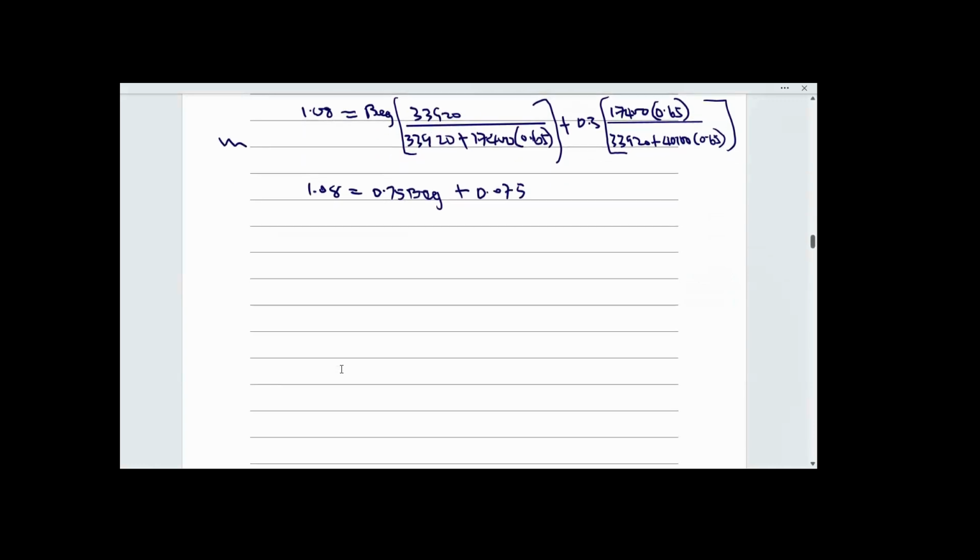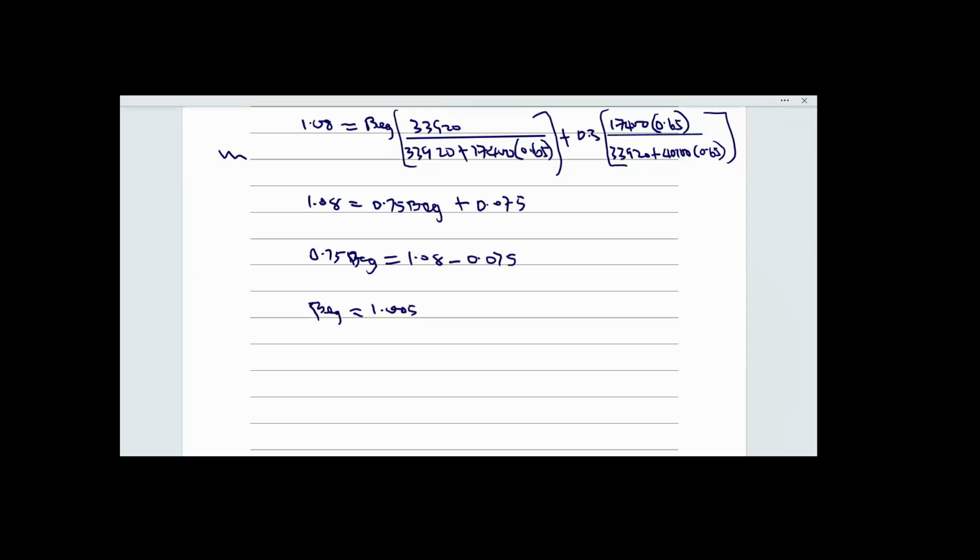So we collect like terms. Here will be 0.75 BEG equal to 1.08 minus 0.075. Therefore, BEG will be equal to 1.08 minus 0.075. This will give us 1.005.